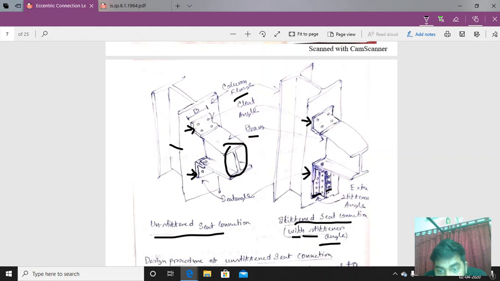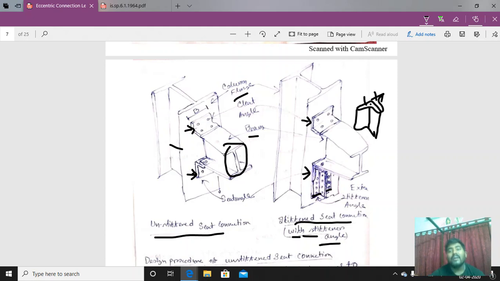It is like two angles connected together to form the stiffener angle. This is a representation of the stiffener angle. Two angles are joined together, which in turn is connected with the seat angle.